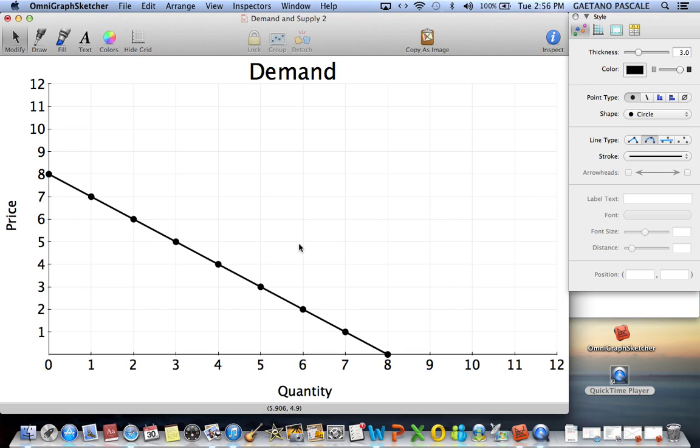So here is our demand curve. What I just did there, when I moved from this point, 6 and 2, I moved from that point to that point.